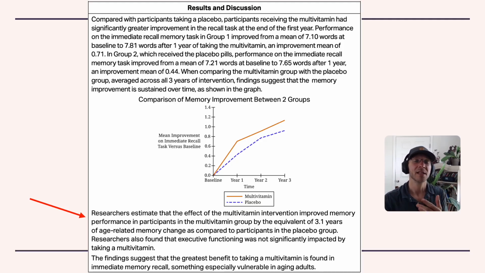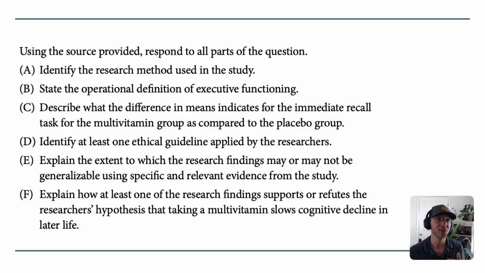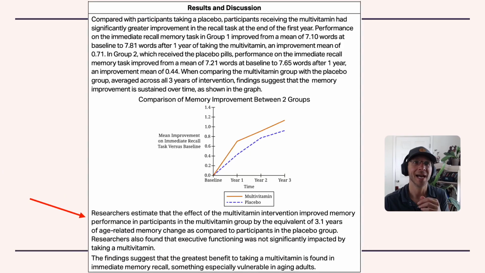Researchers estimate the effect. So what's the question? Describe what the difference in means indicates for the immediate recall task group. Okay. And how do I know that this is the answer? Because I know that this improved memory performance. And then below it says the findings suggest that the greatest benefit to taking a multivitamin is the immediate recall. Okay. So that's how I know that I'm looking at the second paragraph, first sentence, second paragraph at the bottom right there.